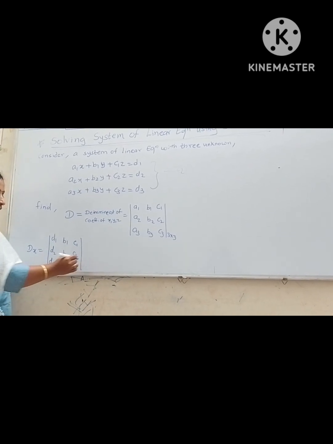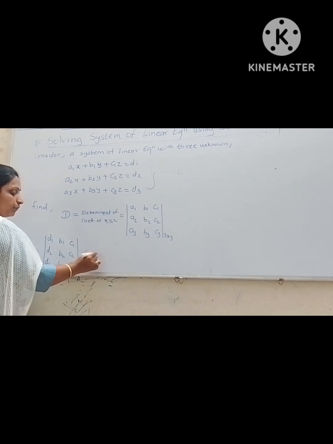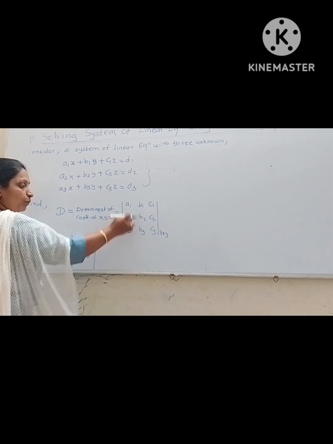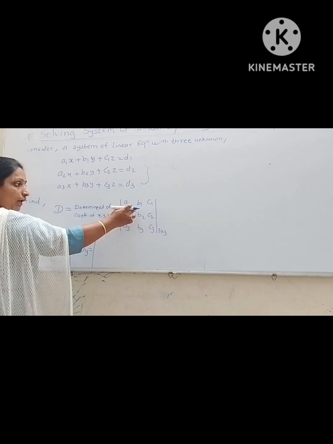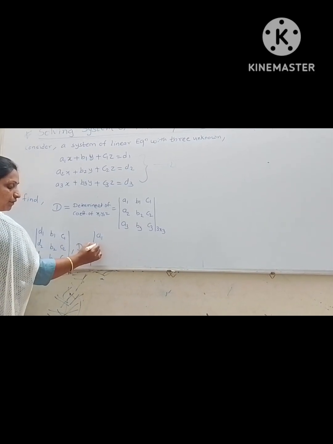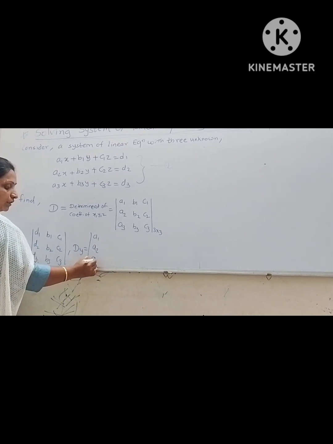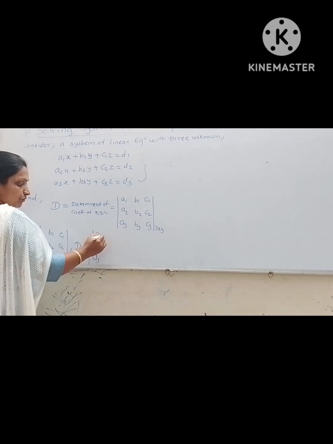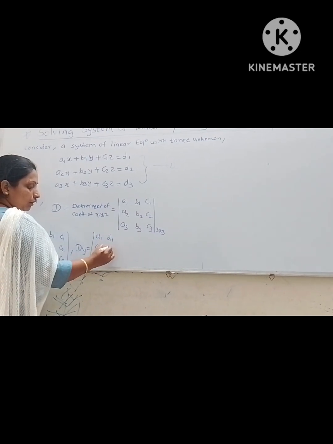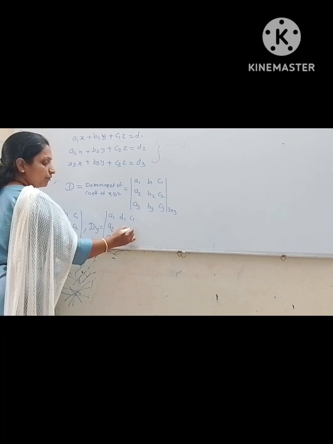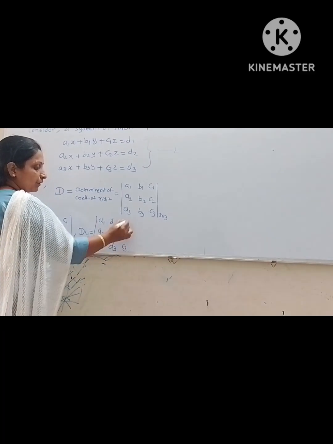Similarly, find Dy. Replace b1, b2, b3, the coefficients of y, by the constants. In Dy, a1, a2, a3 stay as they are, the second column becomes d1, d2, d3, and the third column is c1, c2, c3.